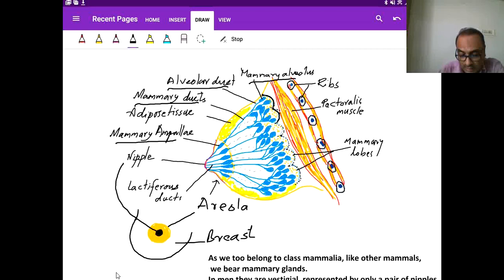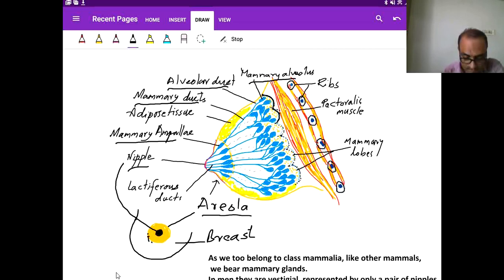Mammary ampullae are the bulgings in the duct or the tube carrying the milk, and they store the milk for a short period of time before it is suckled out. So these ampullae are located in an area of the breast called the areola. The external view, if you see here, the mammary gland has the nipple and then the areolar region.